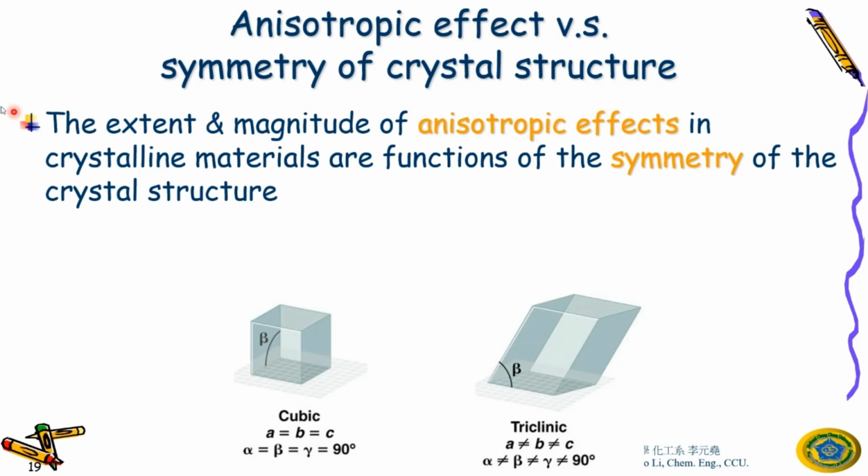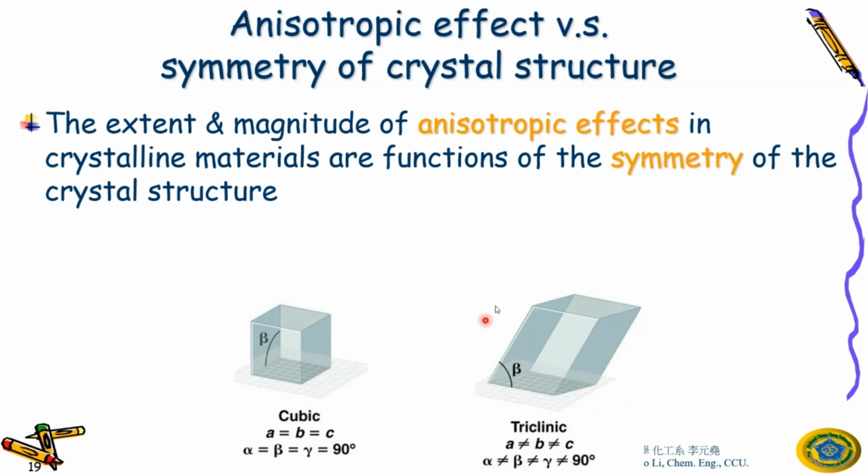Now, the anisotropic effect versus the symmetry of the crystal structure. The magnitude of the anisotropic effect in crystalline materials is a function of the symmetry of the crystal structure. If I have 2 crystals, one with a cubic structure and one with a triclinic structure, which crystal performs more anisotropic properties?